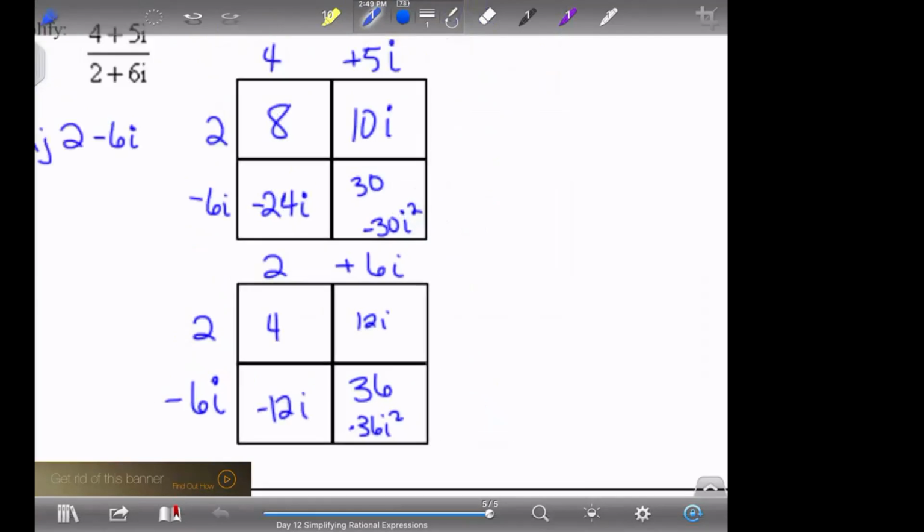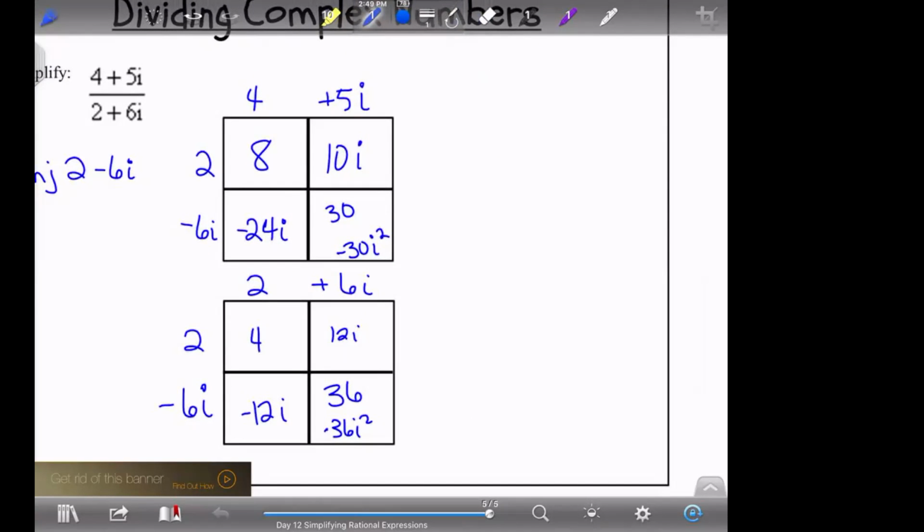So now when we go to combine like terms, for the numerator, I'm going to take 8 plus 30, which is 38. I'm going to take negative 24 plus 10, which is negative 14, bring the i down with it. Those are the two numbers for my numerator. Then I'm going to look at the denominator. I have a real part, 4 plus 36, which is 40. The imaginary parts cancel.